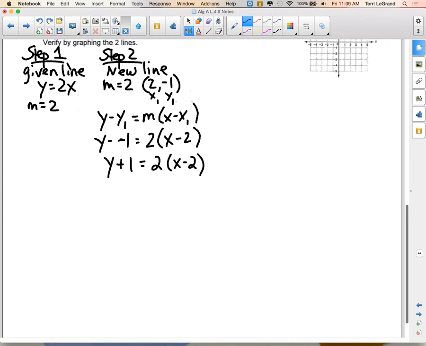So we get the new line in point-slope form first. Then we go up to step 3 and we put that into slope-intercept form. And I'm going to change my subtraction to add the opposite.